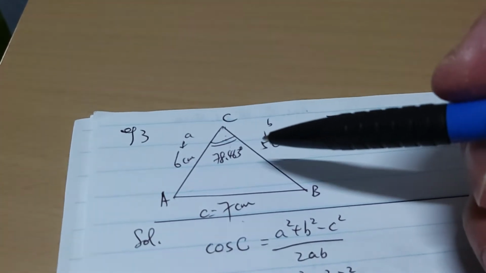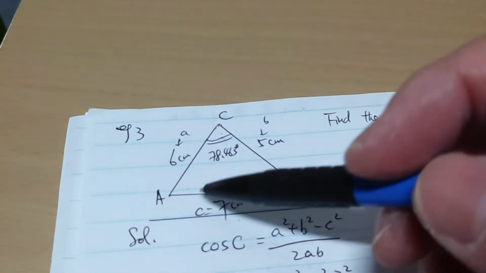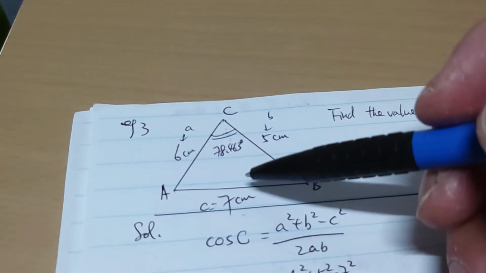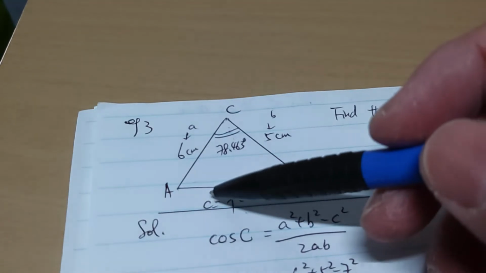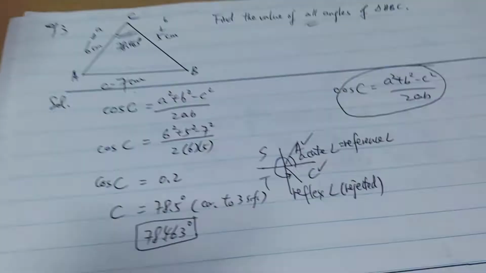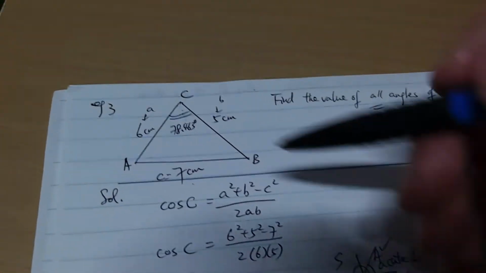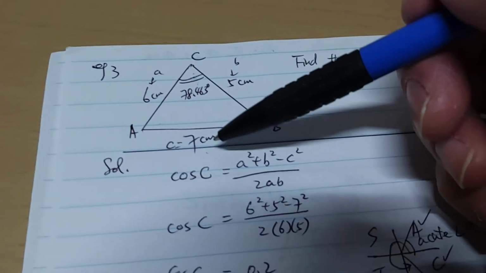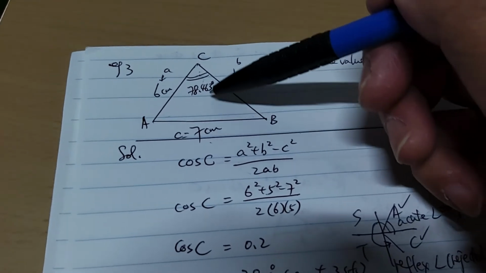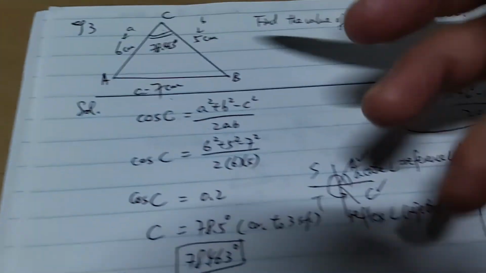Actually, you can use it, but you can also use the sine formula. Although it is SSS, we can use the cosine formula to find this, but you don't have to. So we can use the sine formula now. Because do you remember in the sine formula, the side and this angle are opposite? So we can use this side to find this angle.